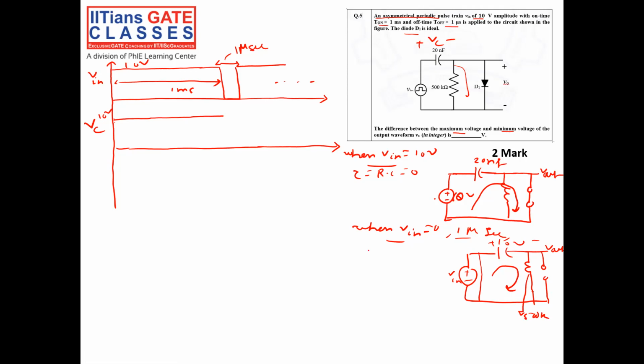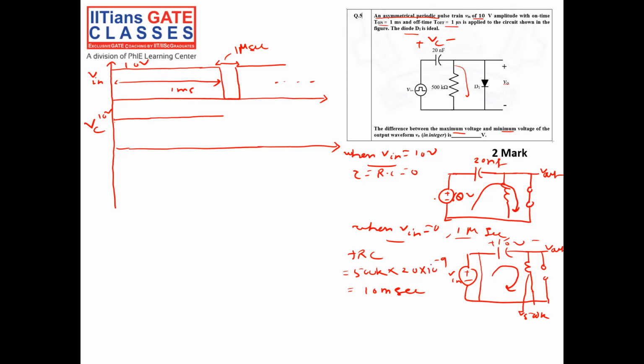What is the time constant of discharge? R into C is 500 kilo into 20 nano, which is 5 into 2, 10 millisecond.